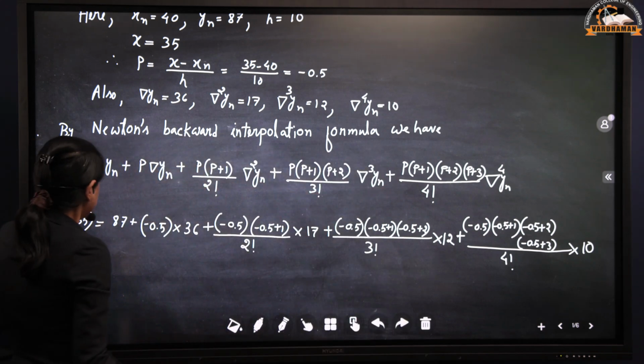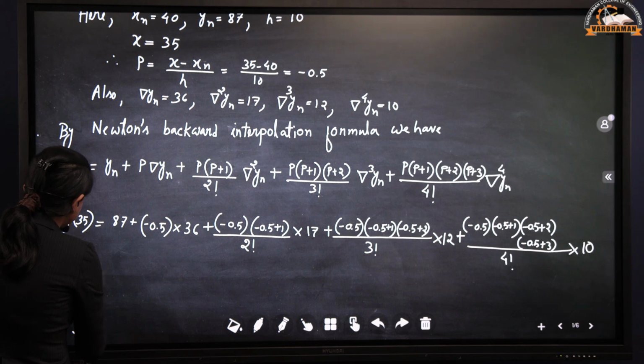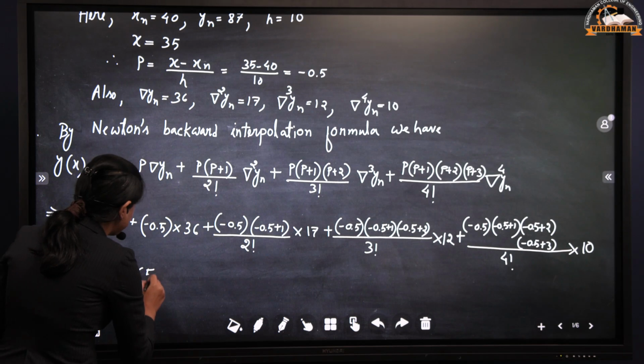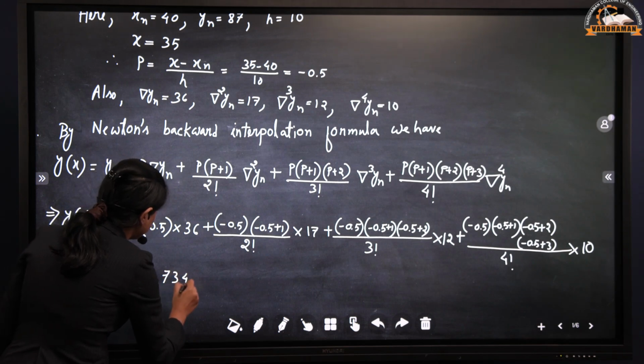Okay, if you compute this value in calculator, it will give you 65.7343.